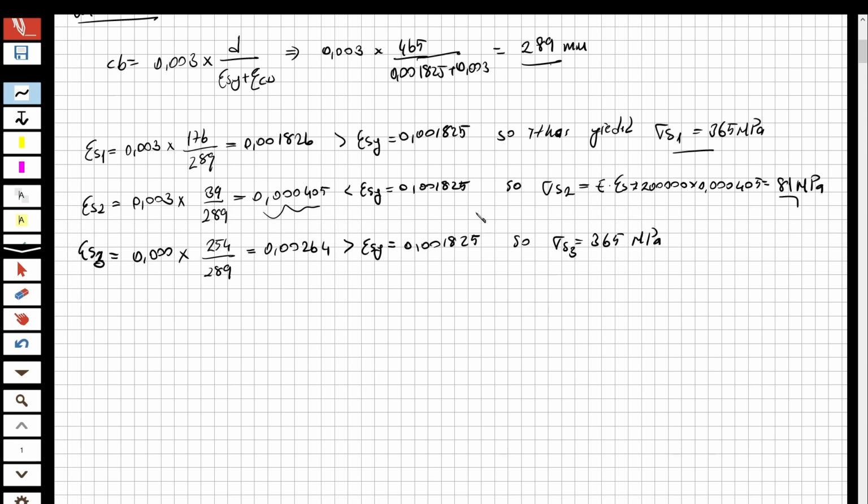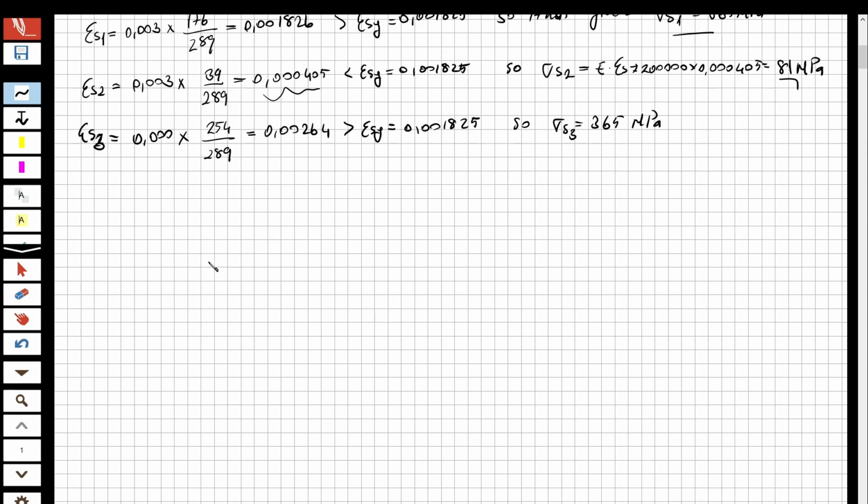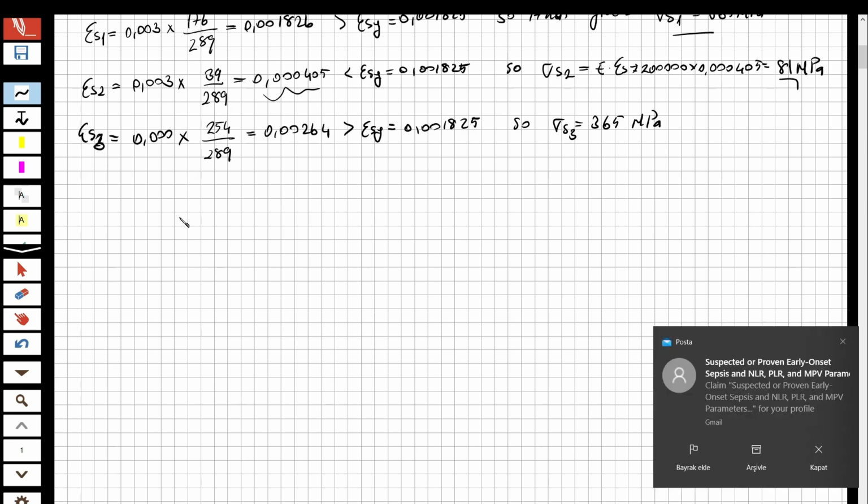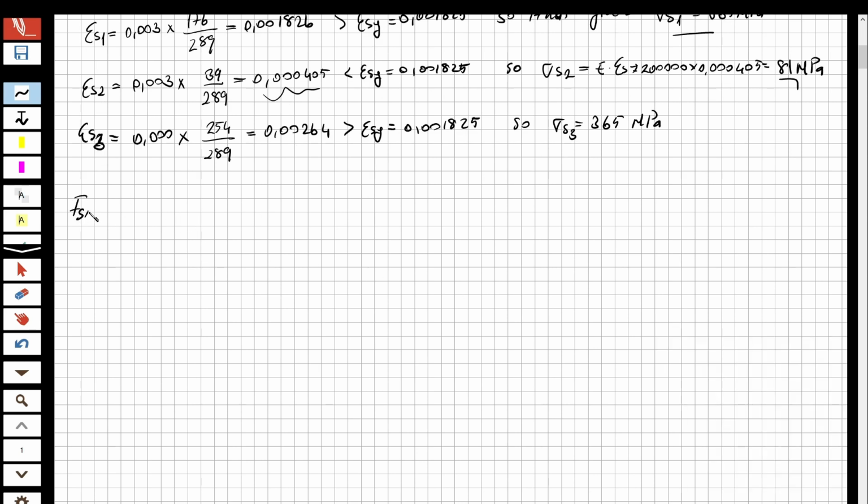Okay, now we got the stresses, so let's calculate the forces. If you remember, the force S1 is the area of steel multiplied by the stress, and we are going to obtain the force. So let's do it. What is the area of steel at FS1?